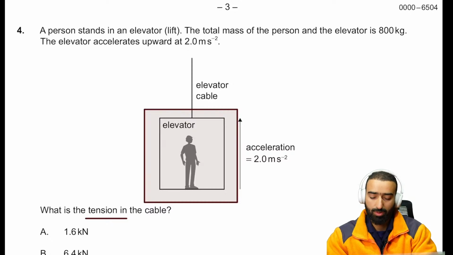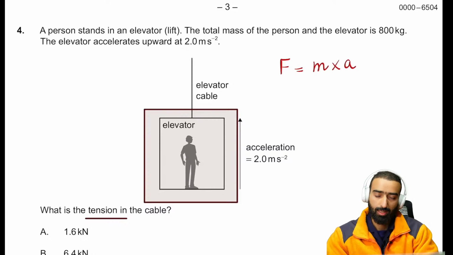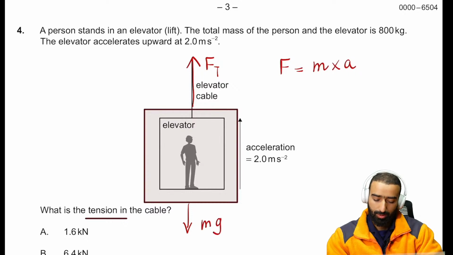Let's use Newton's second law, which says that the total force on an object equals the mass of the object times its acceleration. Now, what are the forces acting here? We have the tension in the cable and the gravitational force.